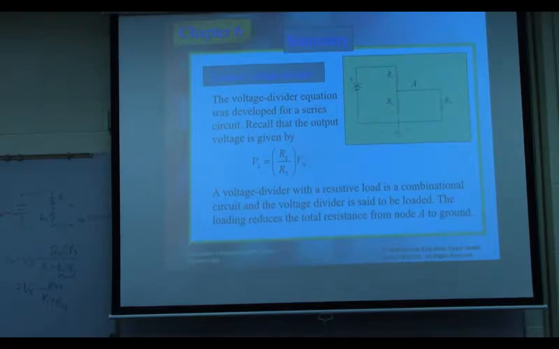Right? That is what it said. If you have a load R3, the total resistance between node A and ground will be smaller than R2 only. So it will reduce the total resistance from node A to ground. That is the meaning of this. So that is absolutely correct, right?